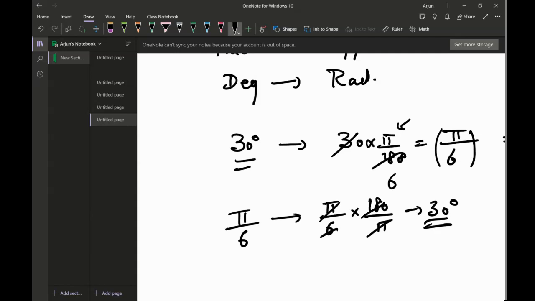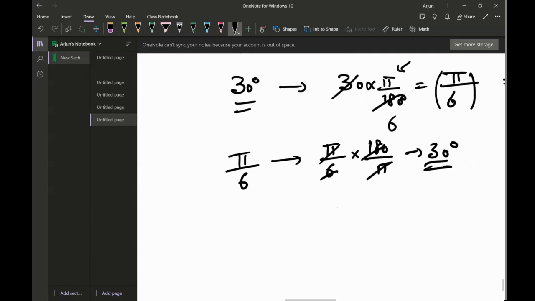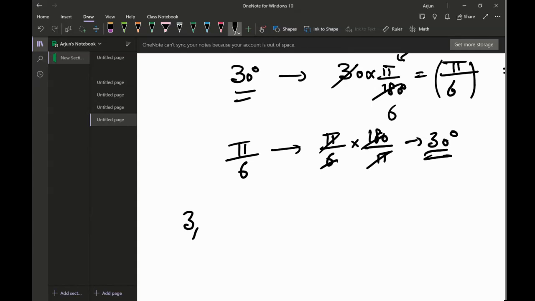Try and do questions from the exercise on expressing degree measures in radians. I'm just checking which questions I can give you.